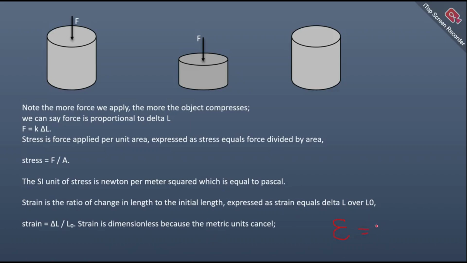You have change in length, which is in meters. You also have the initial length, which is also in meters. So the metric units will be cancelled out. At the end, we're not going to have any units. So, in conclusion, we may say strain has no units.